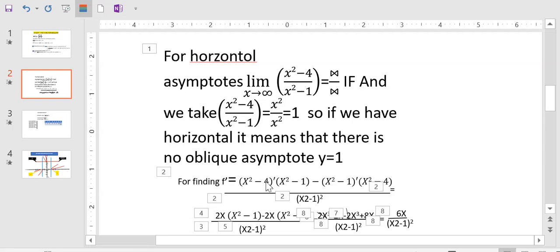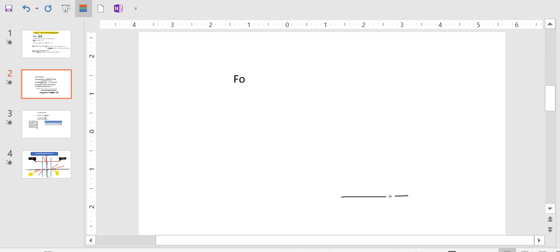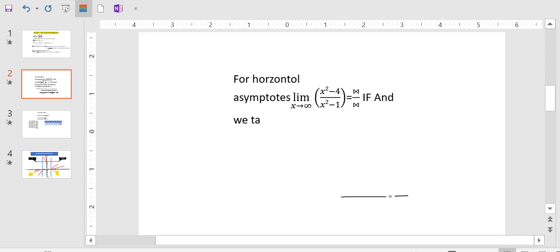For horizontal asymptote, we must know that the limit as x approaches infinity of f of x is the equation we must use in order to find if the function has a horizontal asymptote.